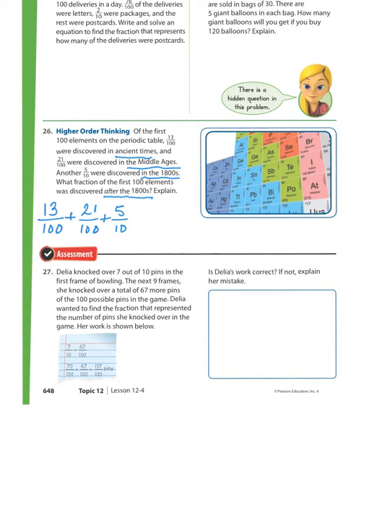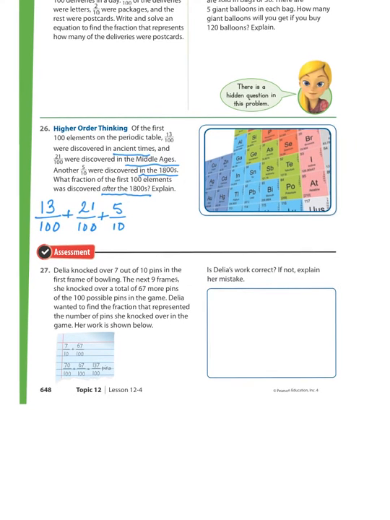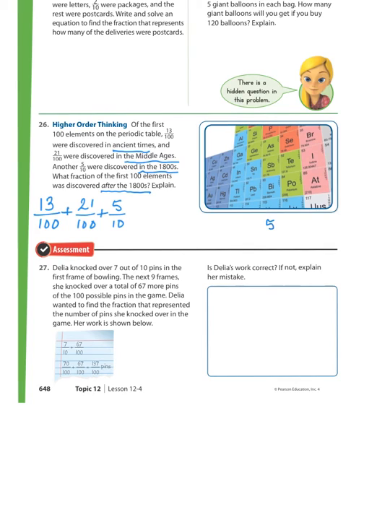In order for me to add these, though, I need to make sure that my denominators are all the same. So I can see that 5 tenths is not, so I need to make tenths into 100ths. So I need to find an equivalent fraction. So I'm going to put 5/10 here. And I want it to make something equal in the hundredths.